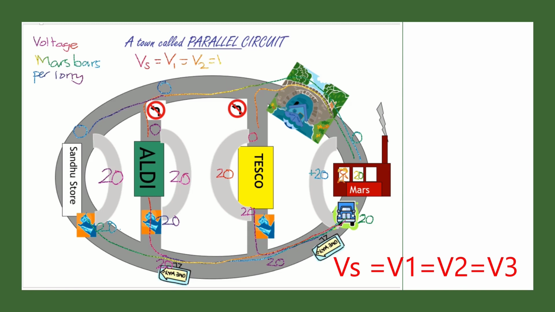In other words, if you're a lorry, you're going to deliver all of your energy, all of your boxes of Mars bars to the one store that you're going to. So in this parallel model, one electron only goes to one component in each route.